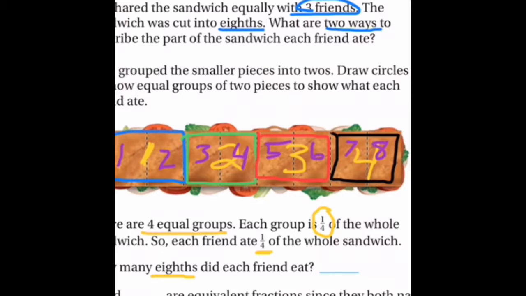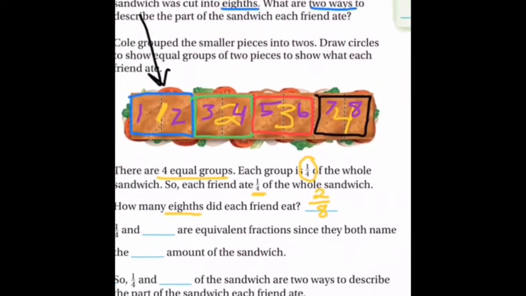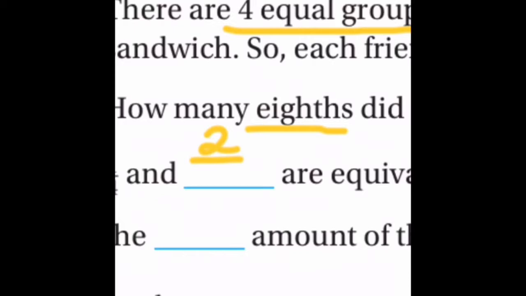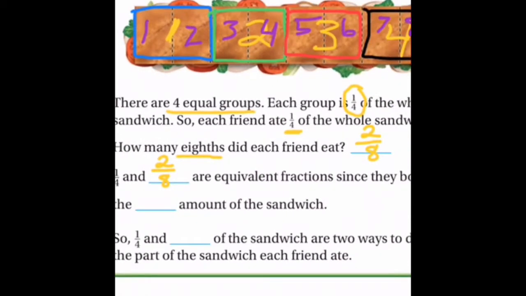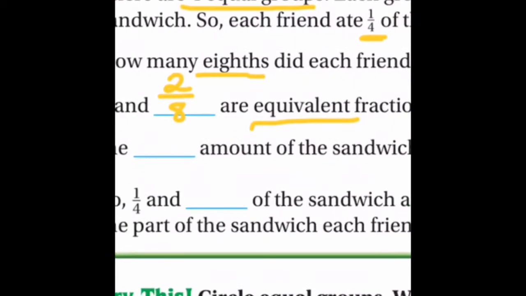And how many eighths did each friend eat? Well, if we look at the blue one right here, they ate 1/4, but there are actually 2 eighths in there. So each friend ate 2 eighths. So that means 1/4 and 2 eighths are equivalent fractions, since they both name the same amount of the sandwich.